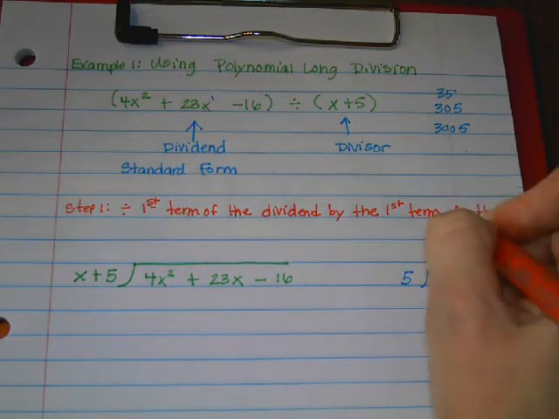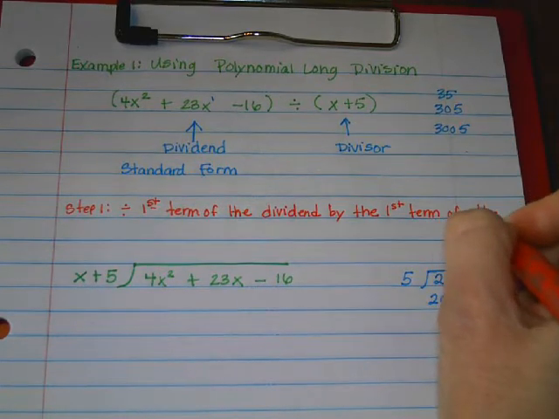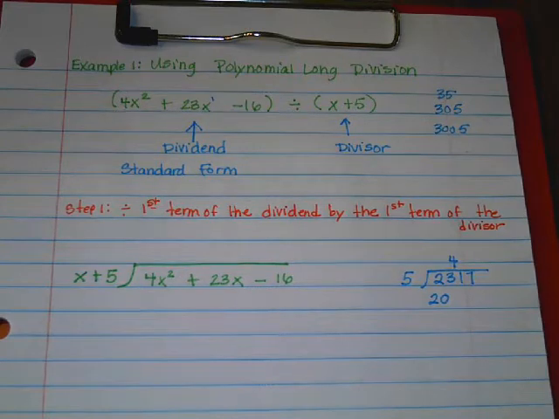I'll have to squeeze this in here. Sorry. All right, so step 1 is to divide the first term of the dividend by the first term of the divisor. So let's go ahead and do that real fast.